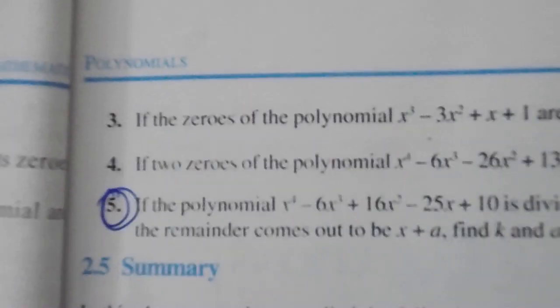If the zeros of the polynomial x cube minus 3x square plus x plus 1 are a minus b, a and a plus b, find the values of a and b. So 3 zeros are given over here as a minus b, a and a plus b.